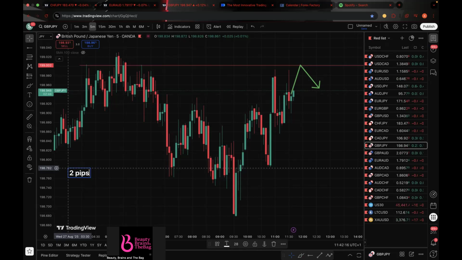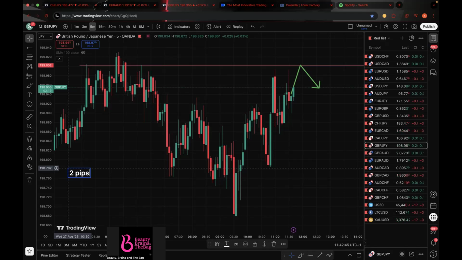So if you understand how to take trades on demo with support and resistance, you practice on it very well, you get very used to it.